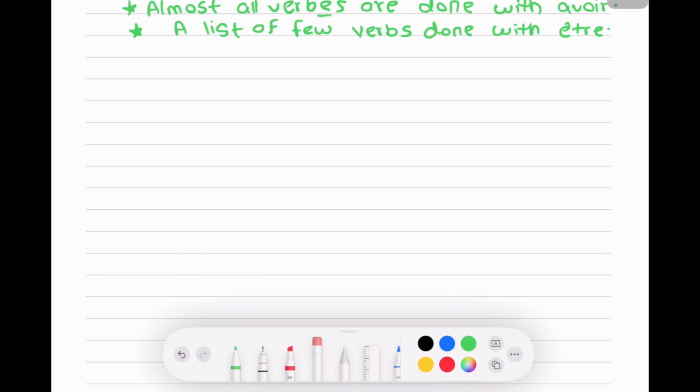Imagine avoir is one person. We'll call them A, and être is one person. We'll call them E. I'll put an accent on the E, a little cap on the E. Now there's a box of crayons. Let's say there are 50 crayons in the box, that oil pastel box we have of 50 shades.